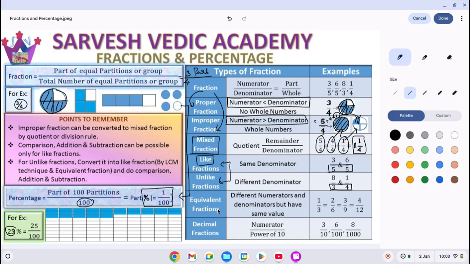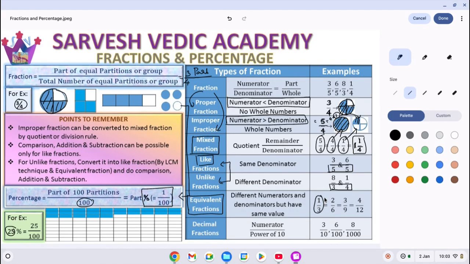Next type is equivalent fraction. Let me give an explanation. Equivalent fractions have different numerators and denominators but have the same value. We can see an example: 1 by 3 is the prime fraction. This is a proper fraction. How can we get the equivalent fractions?